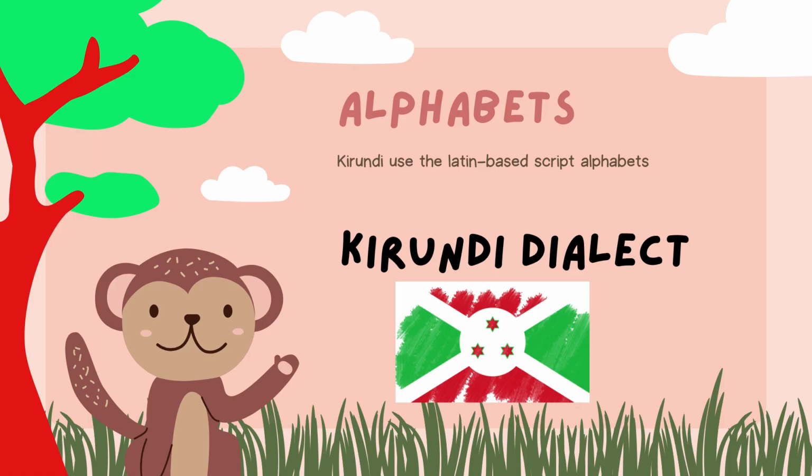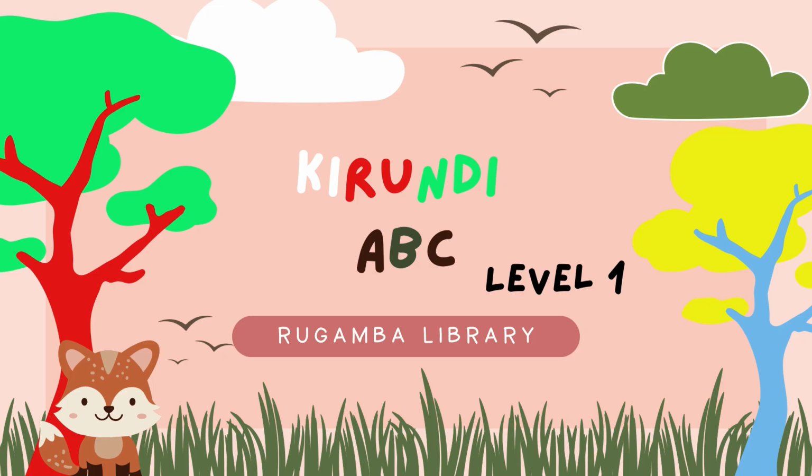Anyway, Kirundi Direct is a language that uses the Latin-based writing alphabet. It's very easy, like English and French. As we are heading to learn the alphabet, you need to pay more attention and enjoy the class.